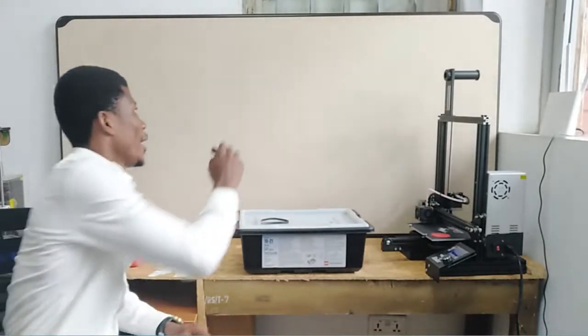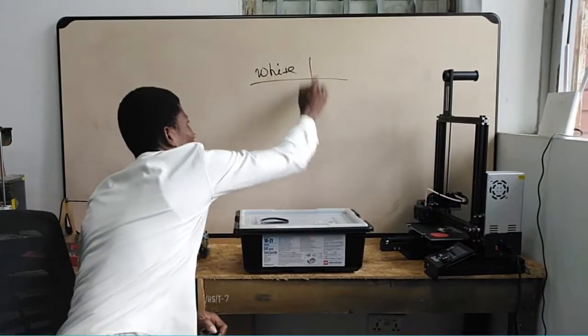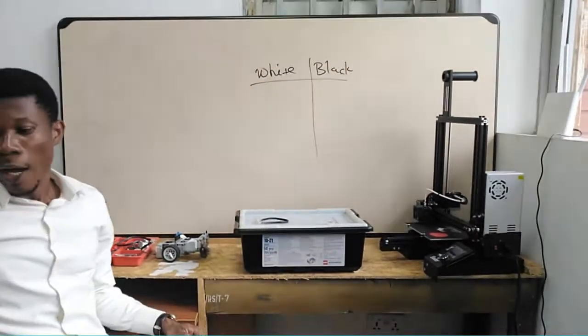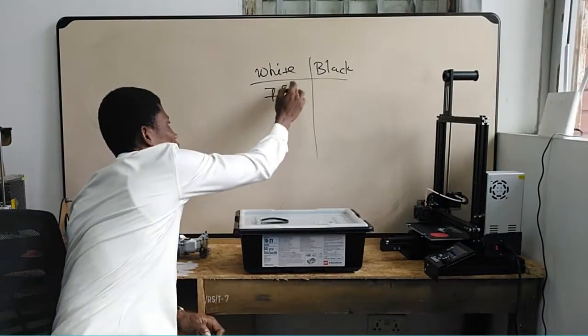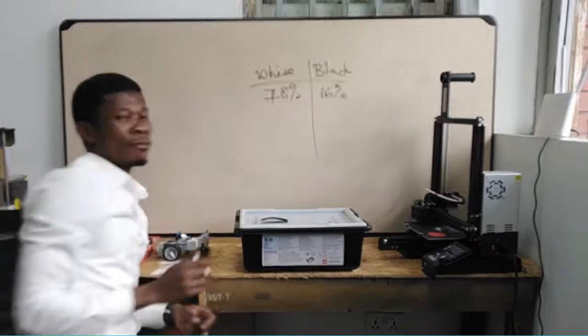Let's have a quick recap. We first of all measured how much reflection our light sensor obtained from the white surface. If we remember, on the white surface our robot recorded 78% reflection, and on the black surface it recorded 16% reflection.